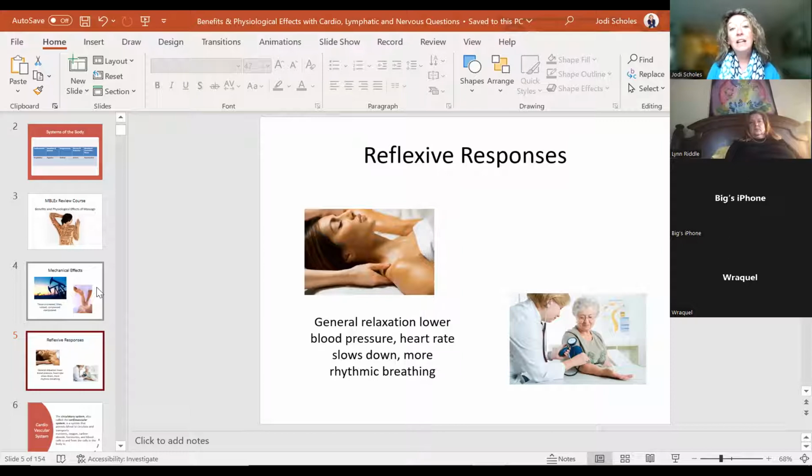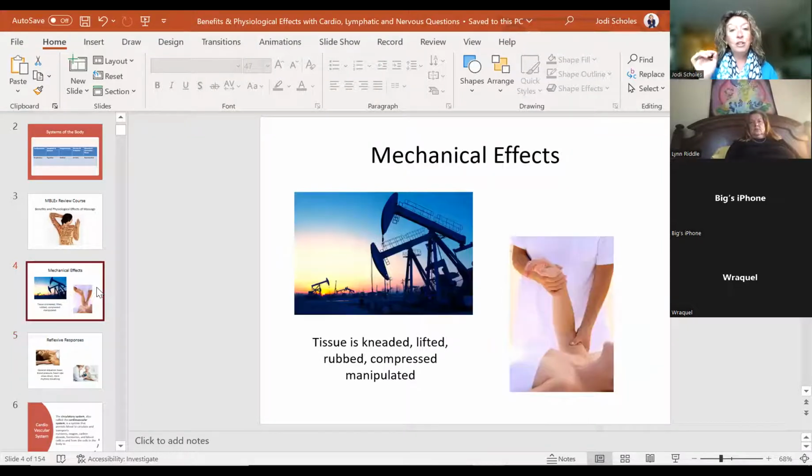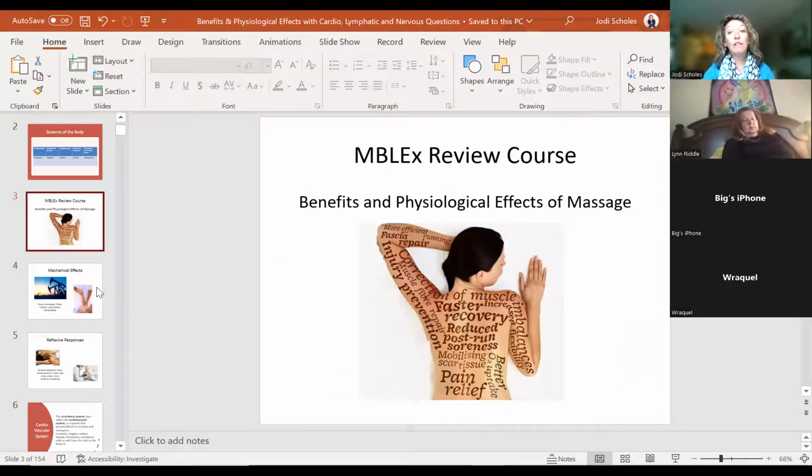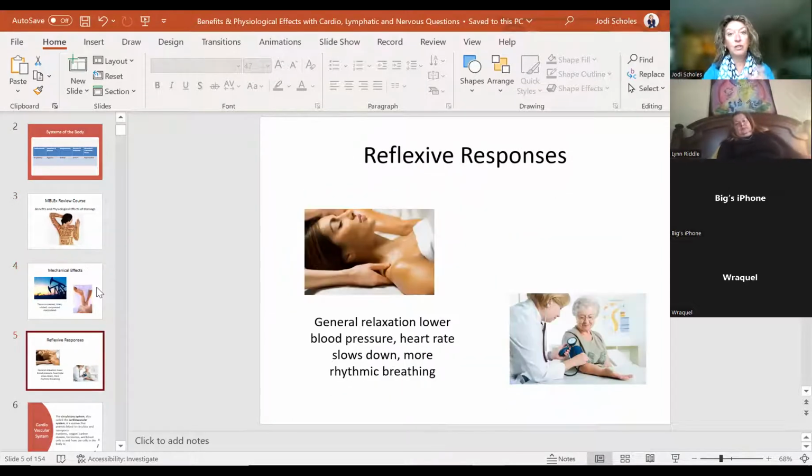So the relaxation response is a reflexive response compared to the mechanical. The mechanical is like cross-fiber friction on a scar tissue. There's physically something you're manipulating for that mechanical effect. All right. So mechanical versus reflexive effects are the two different kinds of responses in the body.